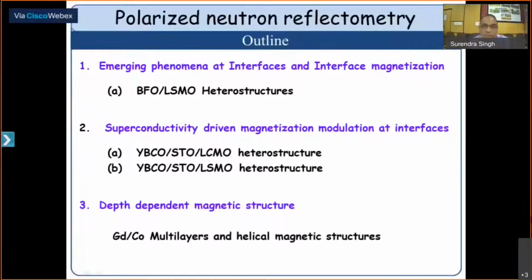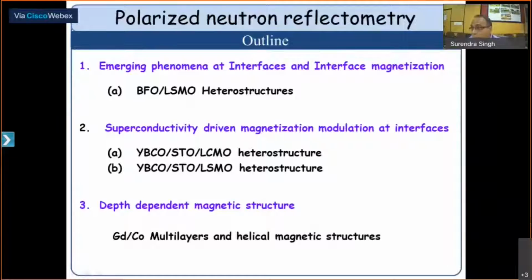First, we'll see that this technique, as you know, is very sensitive to the interfaces, and as I said, it is a very unique technique to get the depth profiling of thin films and magnetic thin film multi-layers. So nowadays, people are talking about interfaces where you are getting emerging phenomena.